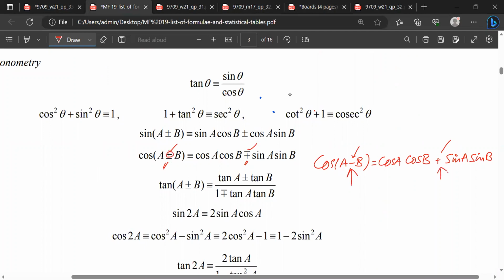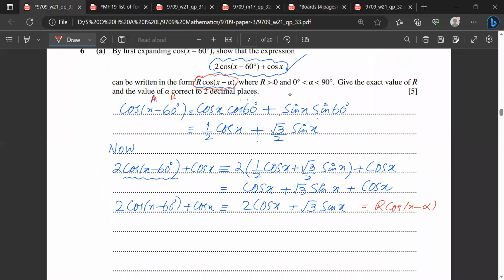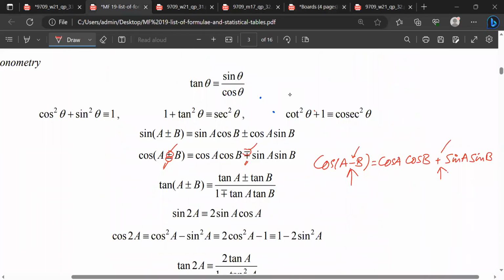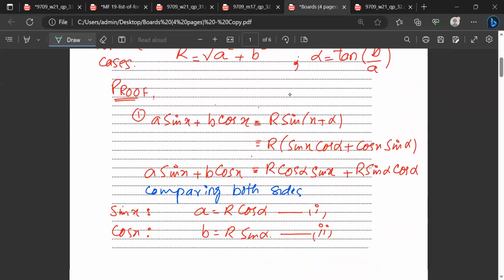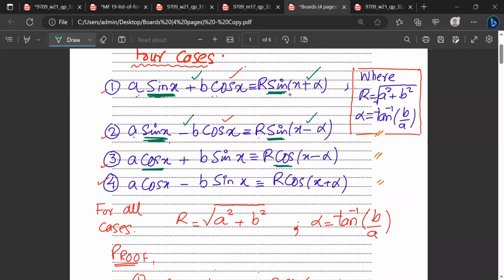So keeping this idea in mind, for the case of cos, if it is plus sign, write negative on the other side, and again we have cos, so write cos. R is common throughout. So r cos(x minus alpha); for minus, write plus, r cos(x plus alpha).